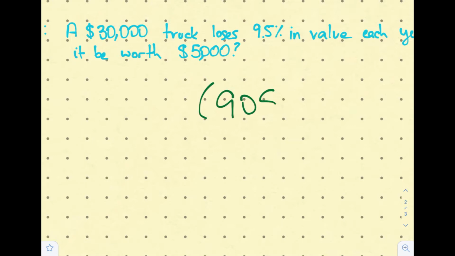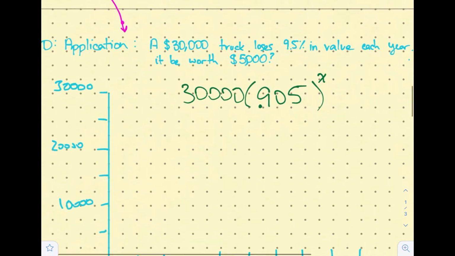So after 1 year, it's going to be worth 30,000 multiplied by 0.905. After 2 years, we'd multiply another 0.905 in. After 3 years, we'd multiply another 0.905. So our variable is in the exponent. Here we have 30 times 0.905 to the x. So at the start, our truck is worth $30,000.